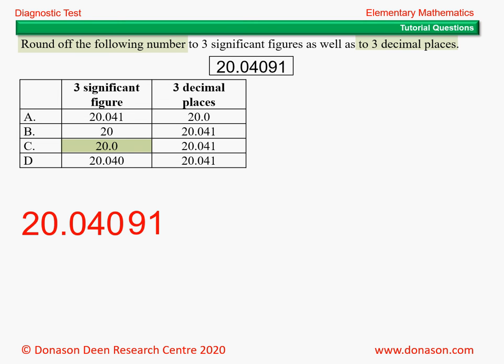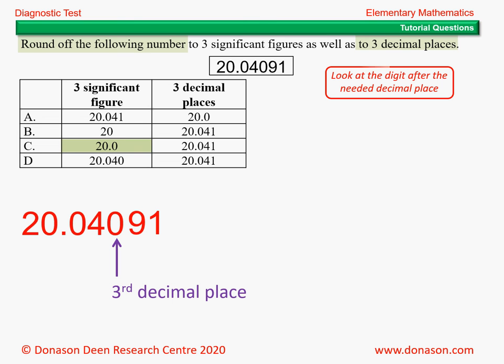Let me write down all the numbers after the decimal dot. This is the decimal dot, and your first decimal place starts right after it. That's the first decimal place, that's the second decimal place, and the 0 is the third decimal place. So the question requires you to round off to 3 decimal places.